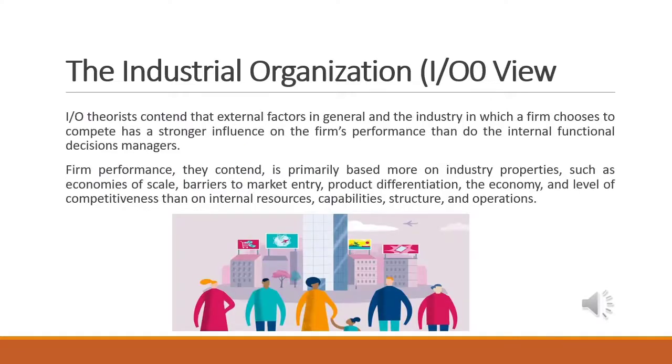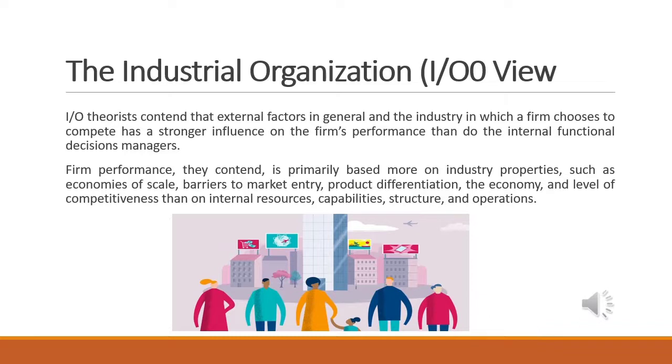Industrial organization theorists contend that external factors in general, and the industry in which a firm chooses to compete, have a stronger influence on the firm's performance than do the internal functional decisions managers make in marketing, finance, and the like.